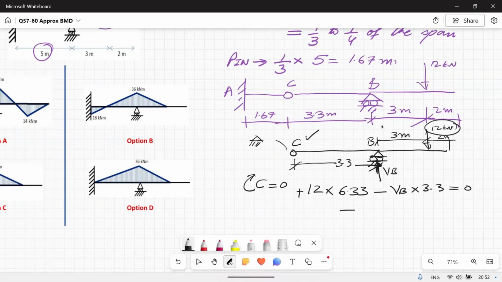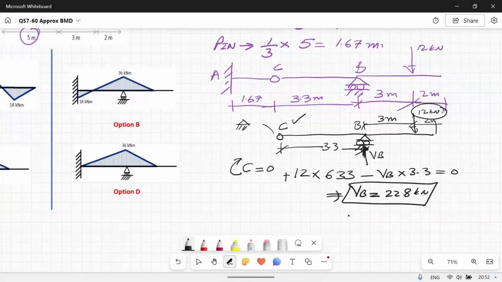If you simplify this, you will get the value of VB as 22.8 kilonewton. Once I've got the value of VB, then I will find out VC as well. So there will be a reaction over here because this point is simply isolated.